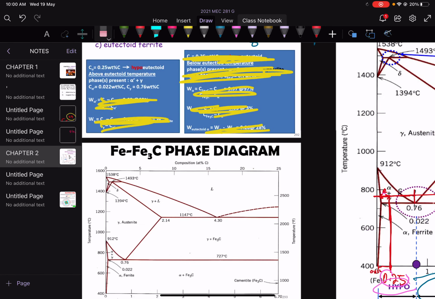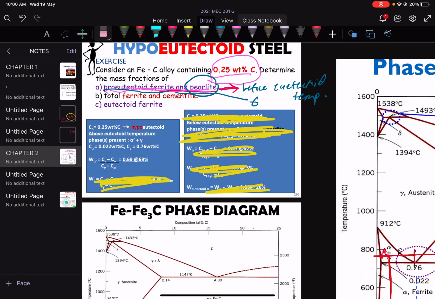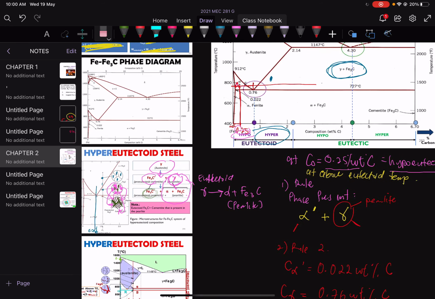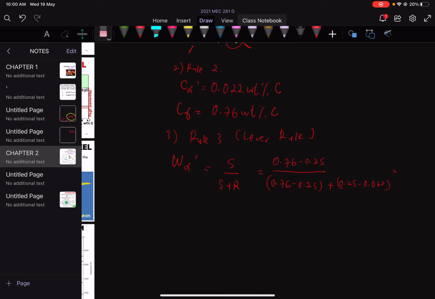Alpha ferrite, it will become 69%. Okay, 69%. And if we were to find the gamma, it will become R over R plus S. 0.25 minus 0.022 over 0.76 minus 0.25 plus 0.25 minus 0.022.